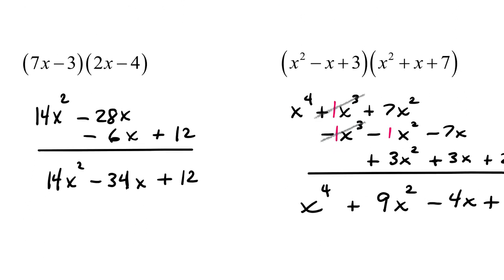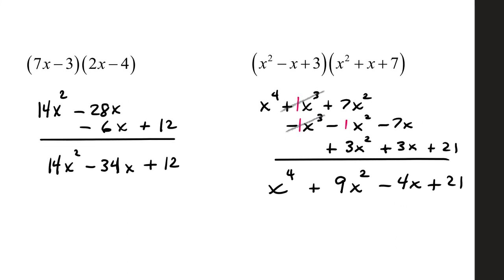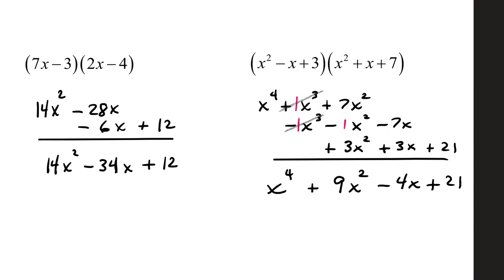When you're multiplying more than one term against more than one other term or several terms, in this first case we have a binomial, 2 terms, times another binomial. Each term in the first set of parentheses will be distributed to each term in the second set of parentheses.